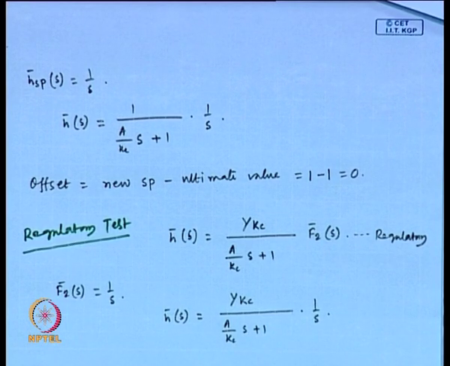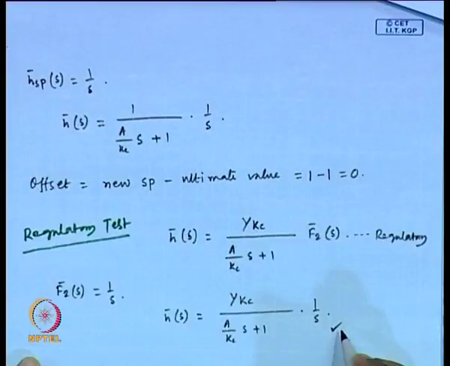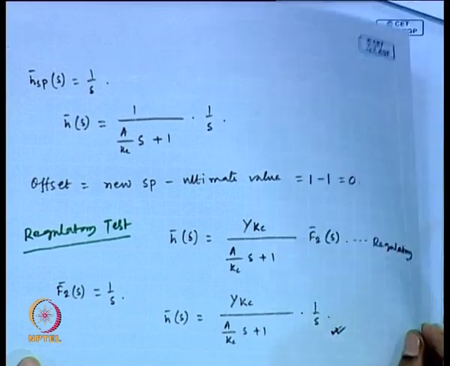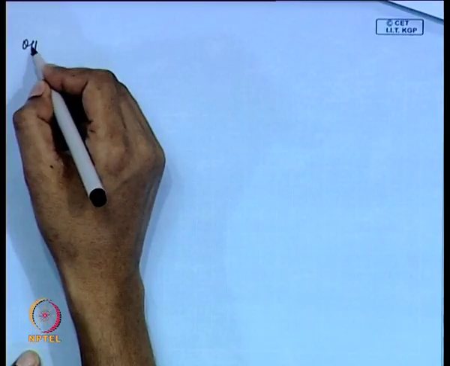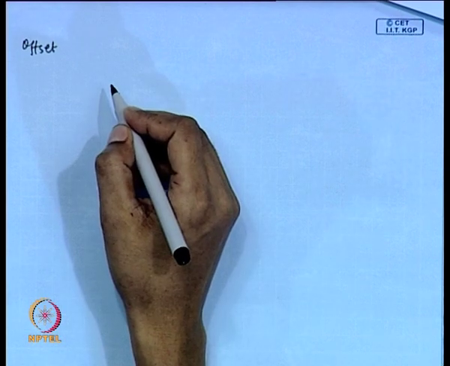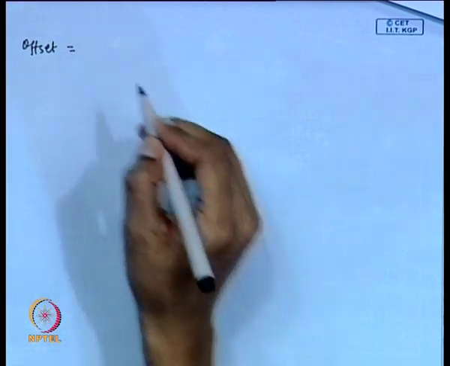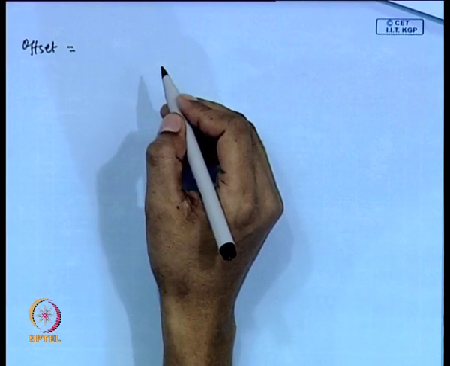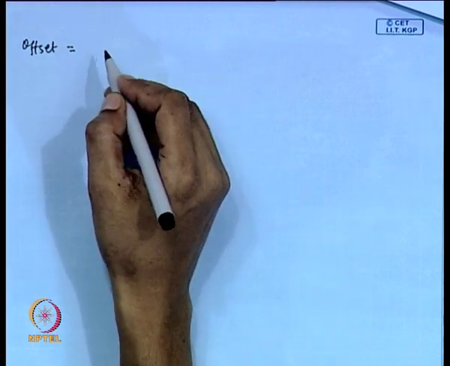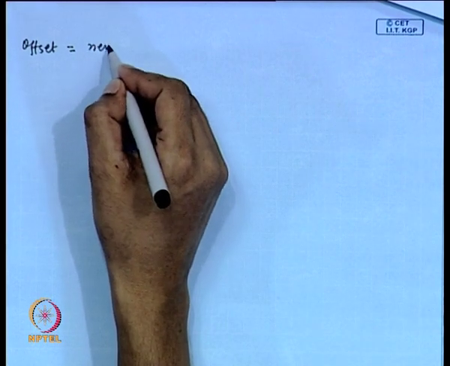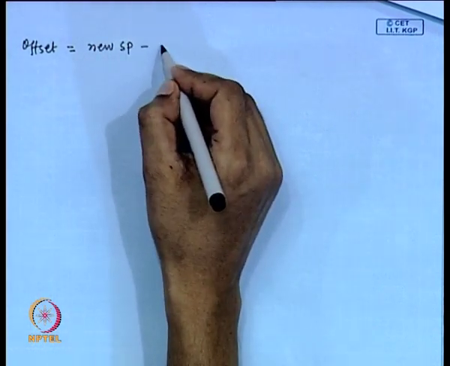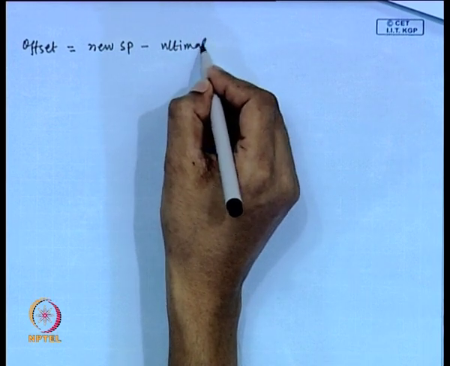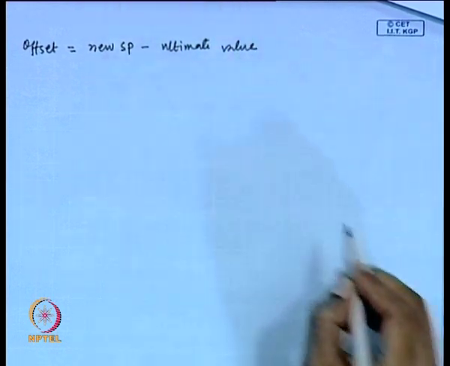Introducing a unit step change in F2, we obtain the closed loop transfer function in this form. Can you calculate now the offset? The offset will be calculated by finding the new set point minus the ultimate value of the response.